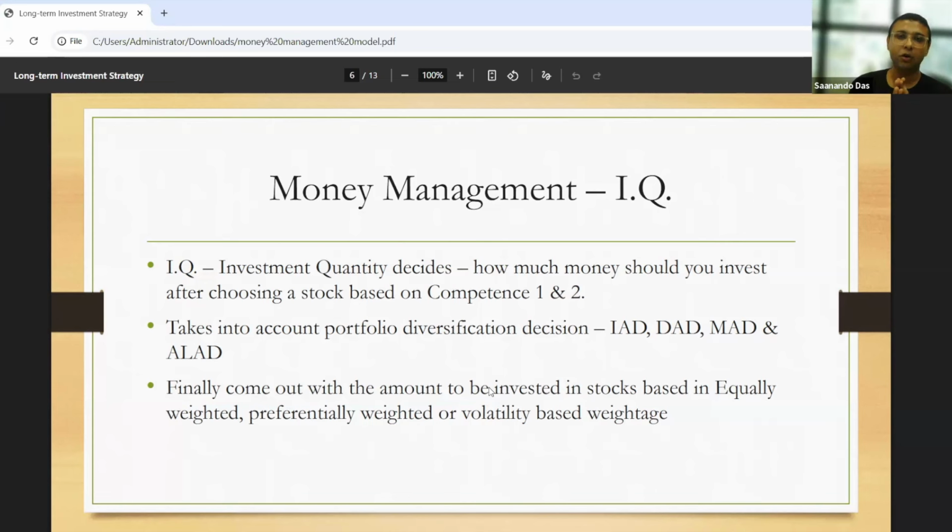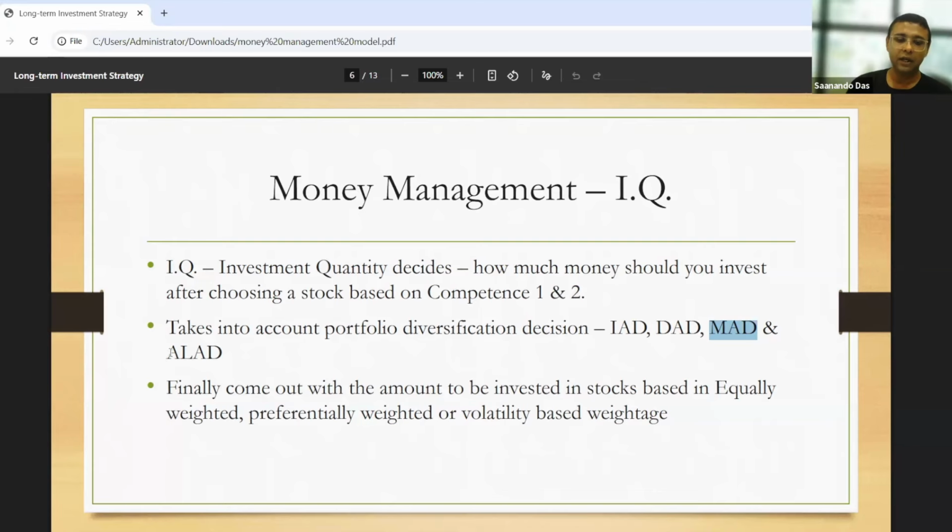I have highlighted the methods of diversification in the last term. That is IAD, intra-asset diversification, matlab within stocks or bonds. Then we have DAD, dual asset diversification, and multiple asset diversification, which can include commodities. Dual asset largely includes bonds and stocks. Multiple asset diversification includes stocks, bonds, commodities, and cash assets.